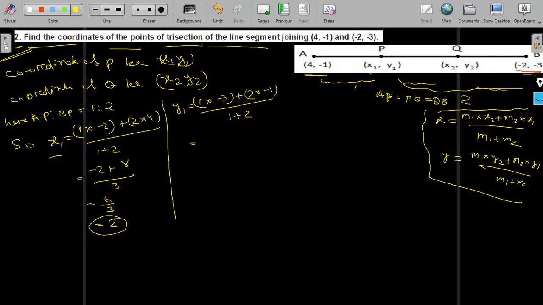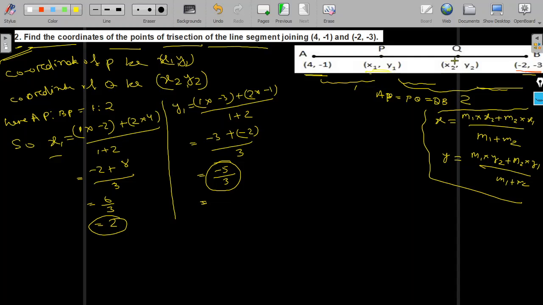That equals 1 into minus 3, minus 3, plus 2 into minus 1, minus 2, divided by 3. So it equals minus 3 minus 2, minus 5, divided by 3, that is minus 5 by 3. Now we have found the coordinates of point P, that is x1, y1.